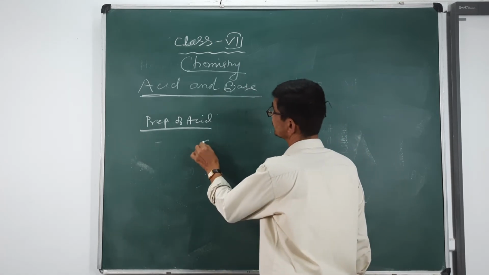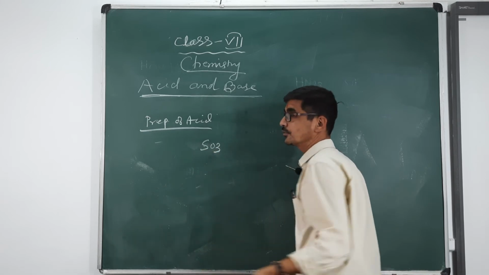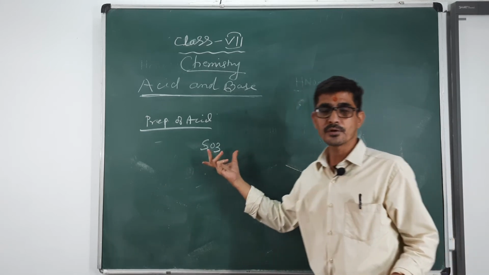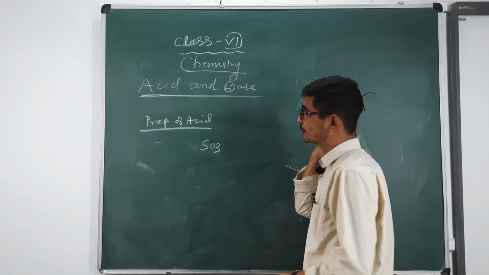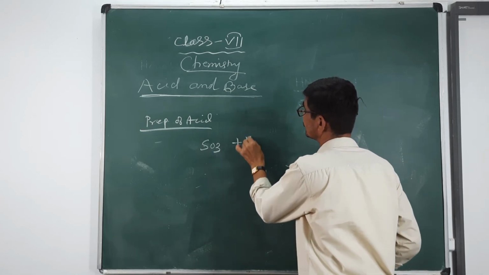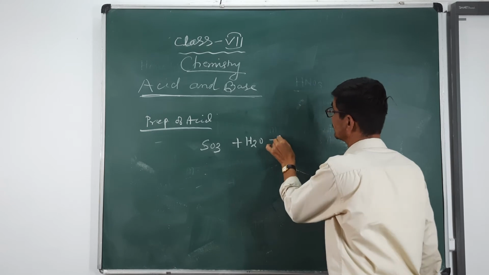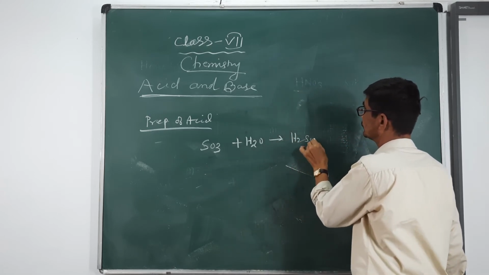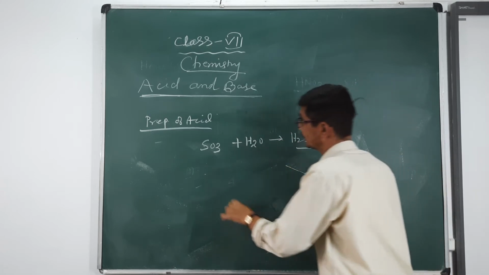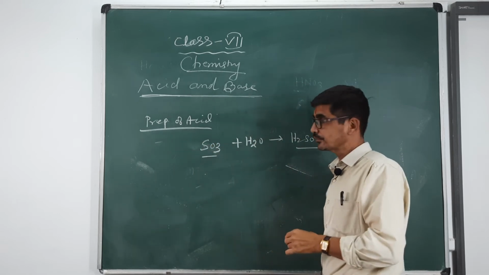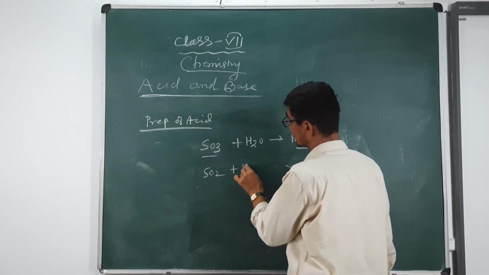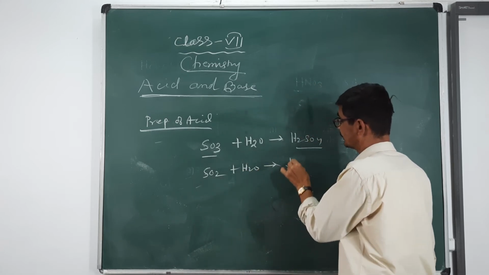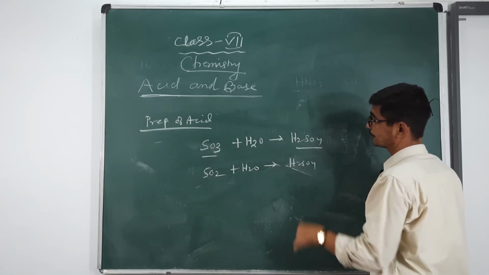For example, sulfur trioxide. Sulfur is a non-metal and it reacts with oxygen to form sulfur trioxide, so sulfur trioxide is a non-metallic oxide. When sulfur trioxide reacts with water, it forms sulfuric acid, H2SO4. Because it provides acid, it is called an acidic oxide. Sulfur dioxide reacts with water to form sulfurous acid, H2SO3.